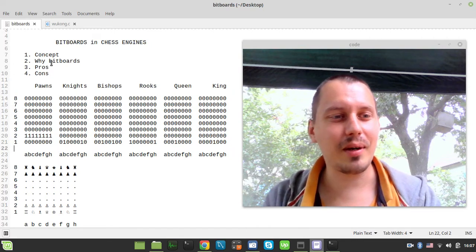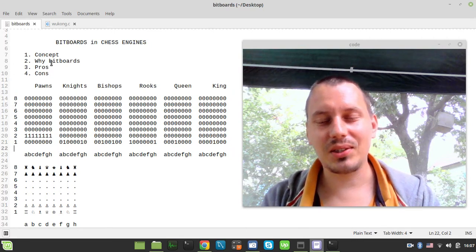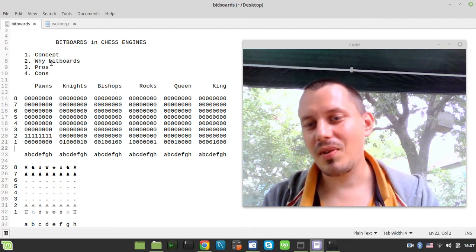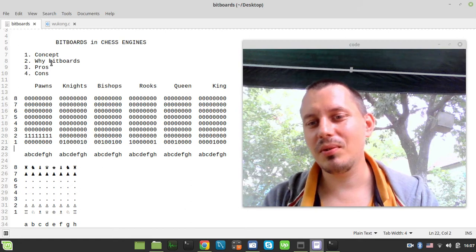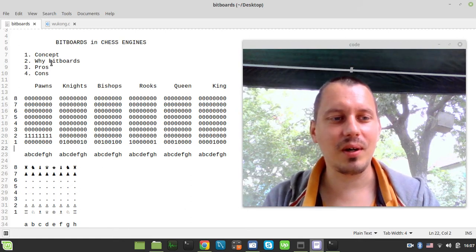Obviously later on I did manage to make it faster than the array-based move generator, but still, the amount of code and effort spent in order to achieve that was really significant.